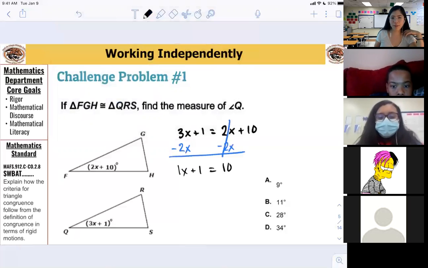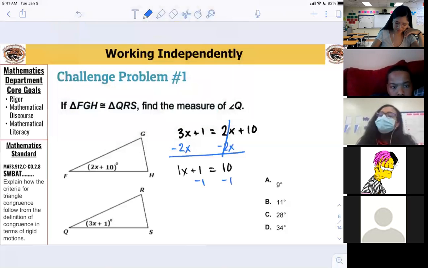Jalen's already jumping in with a final answer. All right, Jalen, if you know that the answer is C, then you tell me what do I have to do next? Jalen, stop stealing my answers. Jalen, you got to be able to explain it. Okay, next what we do, you subtract the 1.